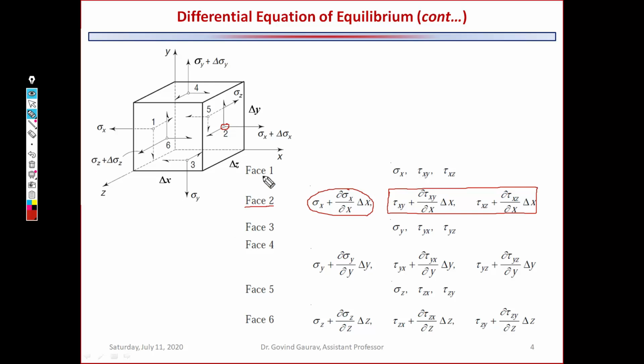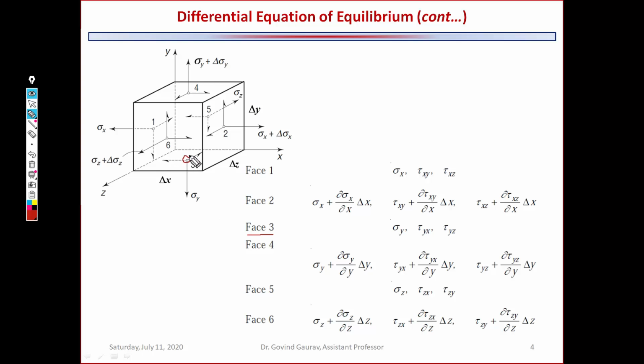Similar to what we have done for the x axis, we will have similar representations for the y axis as well as the z axis. So if we move to phase 3, this one is phase 3.